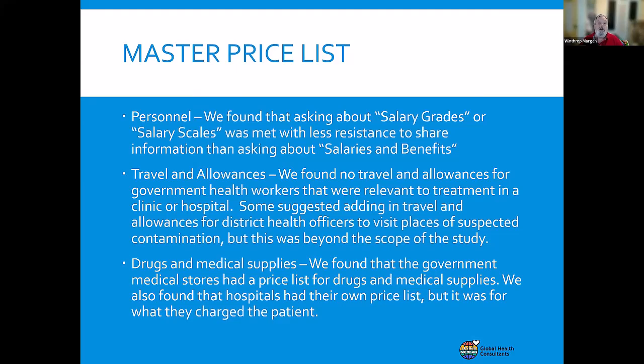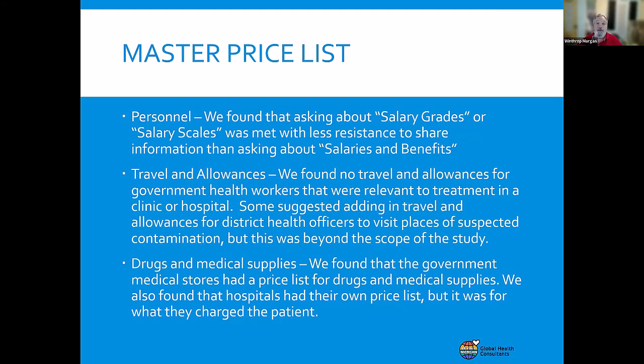Personnel costs or salaries is always going to be a little intimidating for people who have that information to give to you. A lot of it is going to depend upon the terms that you use when you try to get the salary cost for the different cadres or categories of people.